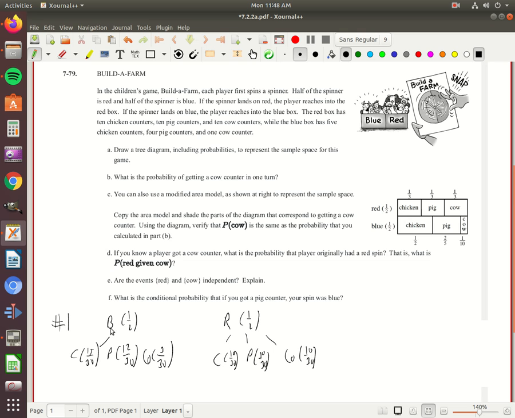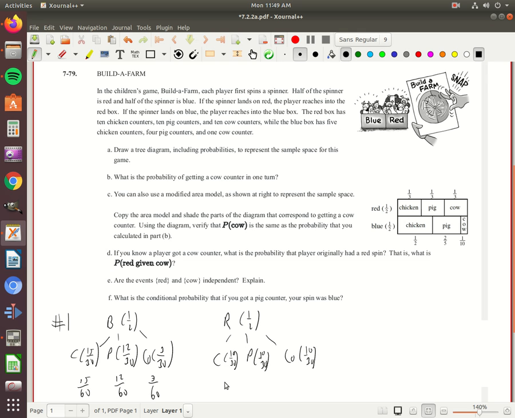So if I multiply the odds here, the odds of getting a blue chicken are going to be 15 out of 60. The odds of getting a blue pig are going to be 12 out of 60. A blue cow are going to be 3 out of 60, and you can see this should add up to 30 out of 60.